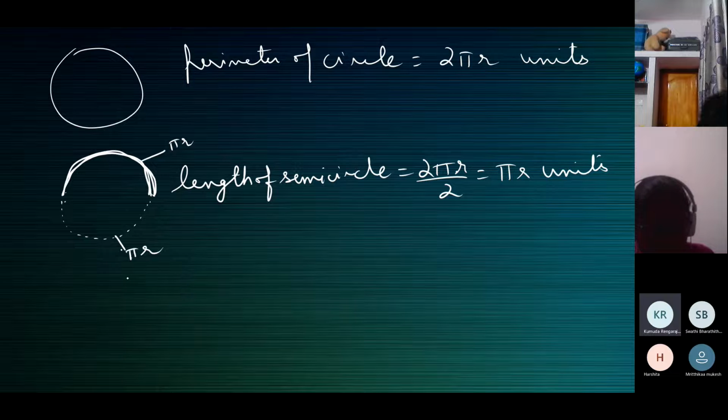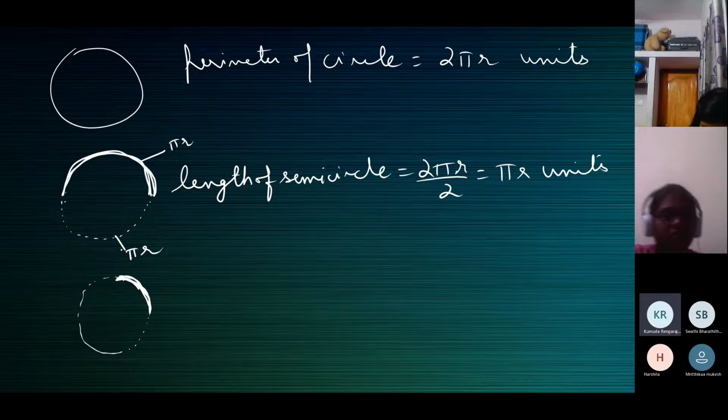Similarly, the length of this arc, okay, the length of this arc is 1/4. This is a part of the quadrant. The length of this arc is 1/4 the total length of the circle. That is the total perimeter of the circle.